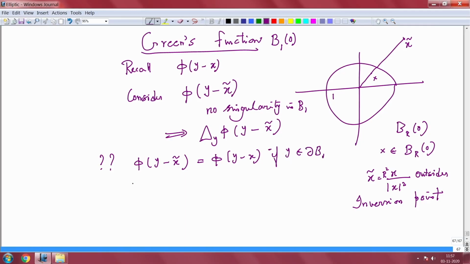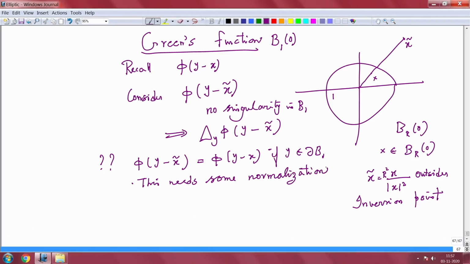But this needs some normalization. You can compute this on the boundary, and then you see that this is not true. This needs some normalization. So, you have to add some parameter here.